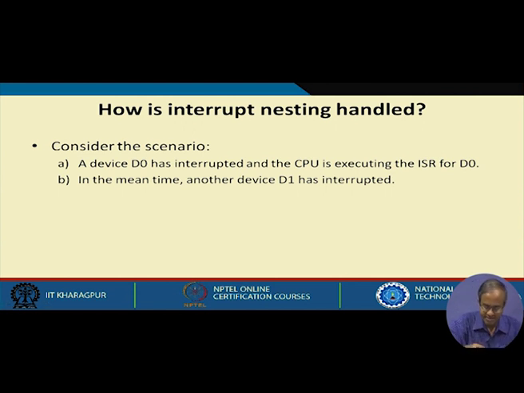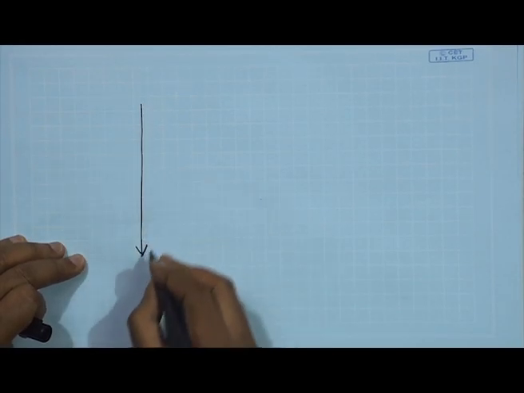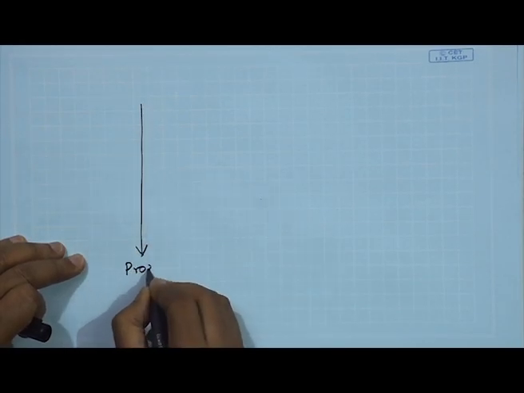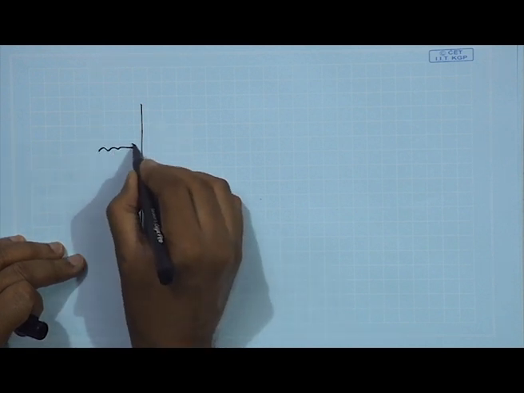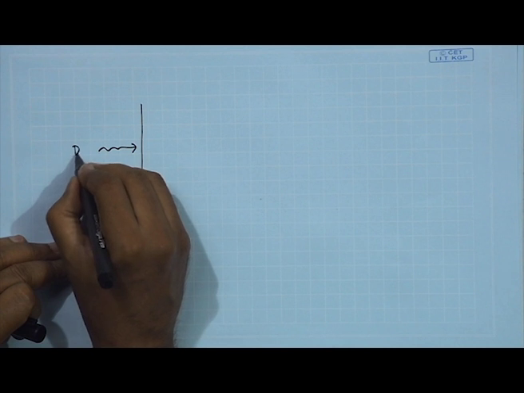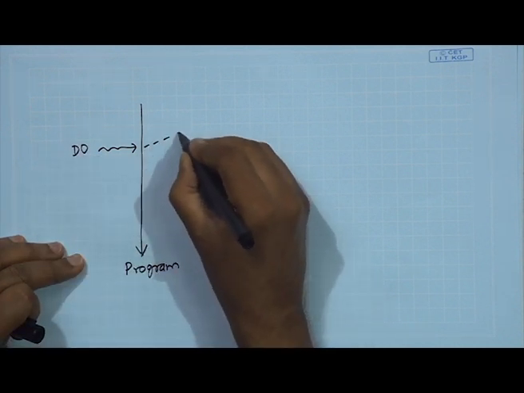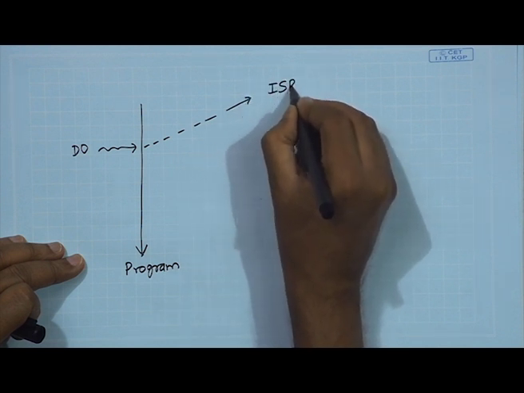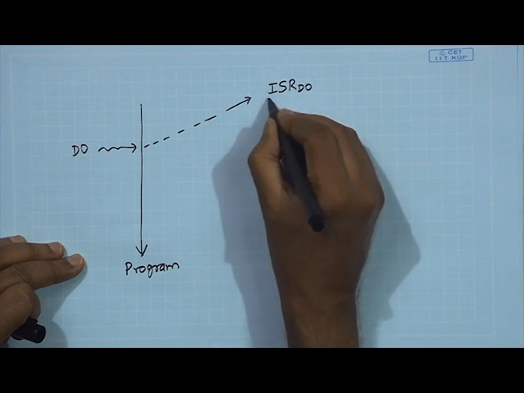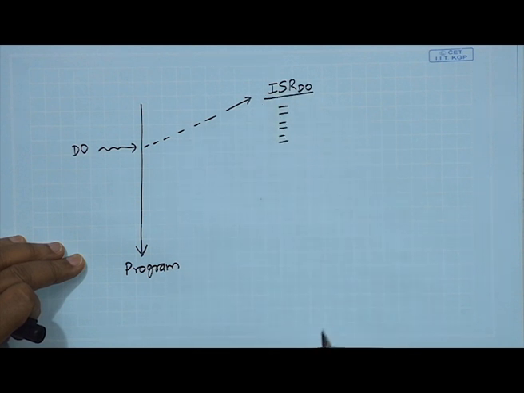So, what I am saying is that some program was executing, and in between there was an interrupt by device D0. Because of this interrupt, the control had transferred to the ISR corresponding to device D0, which has instructions. So, it is being executed.